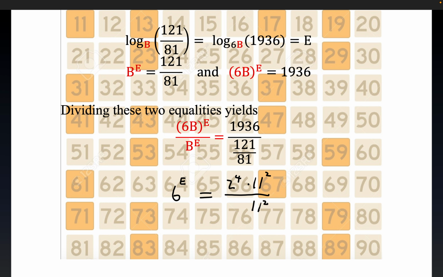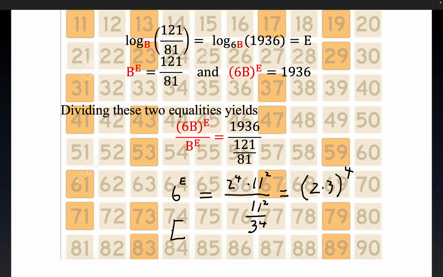But notice how the 11 squareds cancel out, and this will invert and multiply, and so this is equal to 2 times 3 raised to the 4th power. But what is that? That's the 6 that you see on this side. So all of this implies that e has to equal 4.